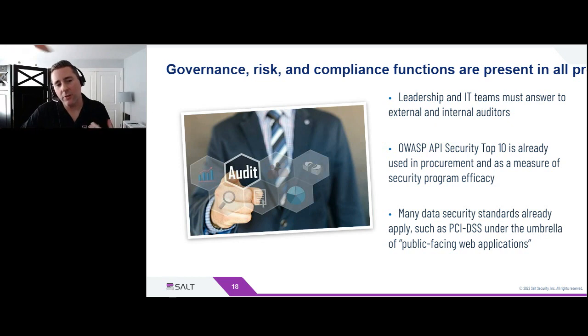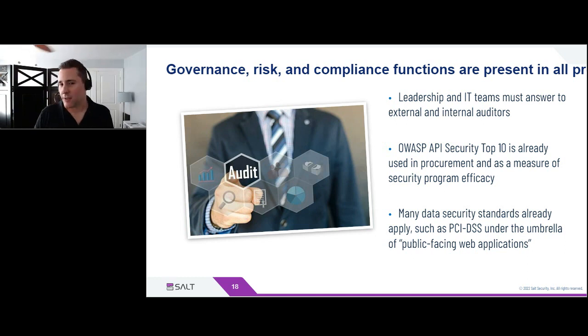We also see it used as a measure of security program efficacy. So are all the things you're doing helping mitigate all of the issues in the OWASP API Security Top 10? In the case of excessive data exposure, what are the fields that you're exposing, and does a gateway allow you to mask a particularly sensitive field? That might be a way they approach it.